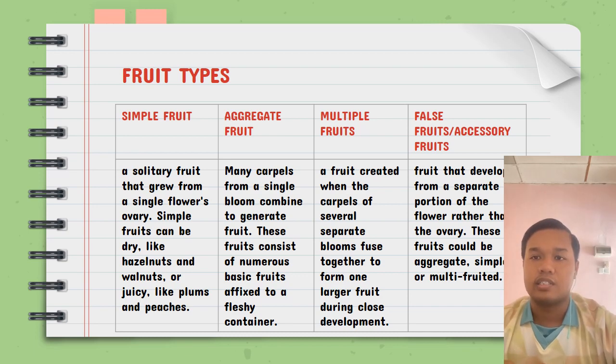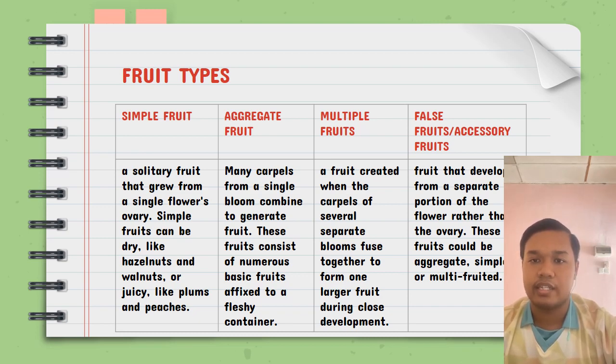A simple fruit develops from a single ovary of a single flower and typically contains one seed or a few seeds. The ovary is the part of the flower that eventually matures into the fruit. Examples of simple fruits include apples, cherries, and tomatoes.